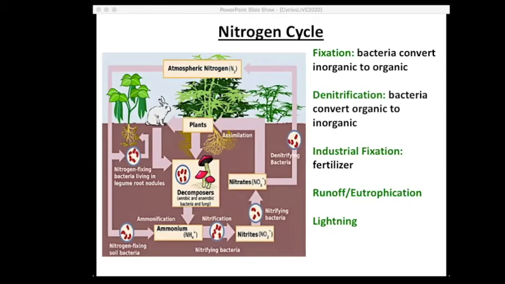Now the problem with that is that when it mixes with water in the atmosphere, NOx can form acid rain. It's not the main culprit of acid rain, that's actually sulfuric acid, but nitric acid is another form of acid rain that is caused by humans.